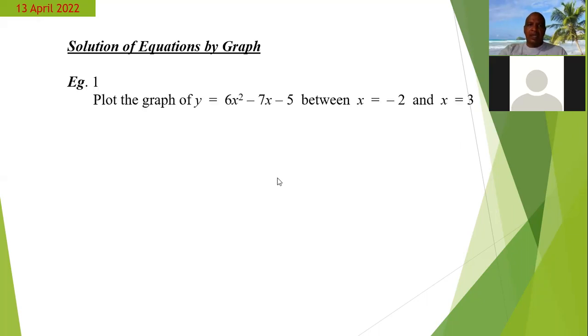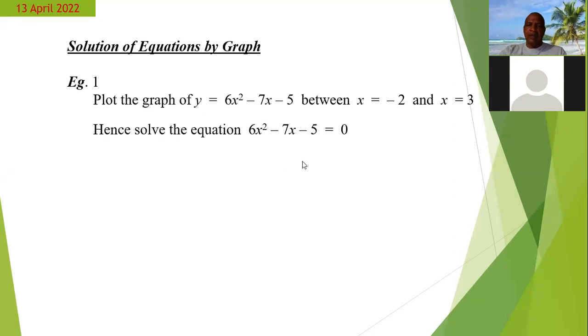All right, so solution to equation by graph. What we have here now is we're looking at how we can plot these equations on a graph to solve for the x values.